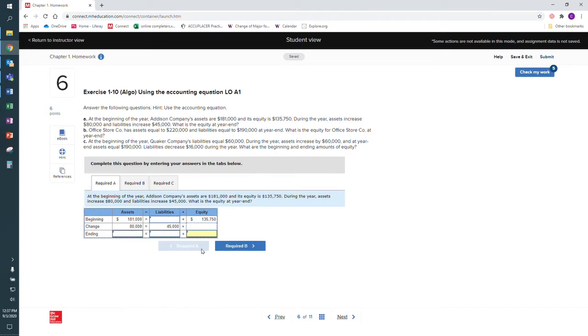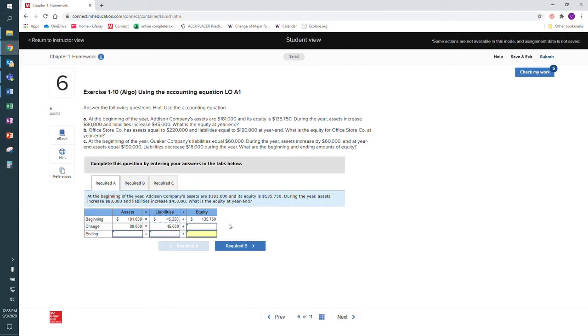So remember, the accounting equation always has to balance, and so we would just have to figure out the parts and pieces. So beginning balance, let's figure that one out first. We have $181,000 in assets, and we have $135,750 in equity, and we know to figure out liabilities, we need to take the assets minus the equity, and our liabilities at the beginning of the year must have been $45,250.